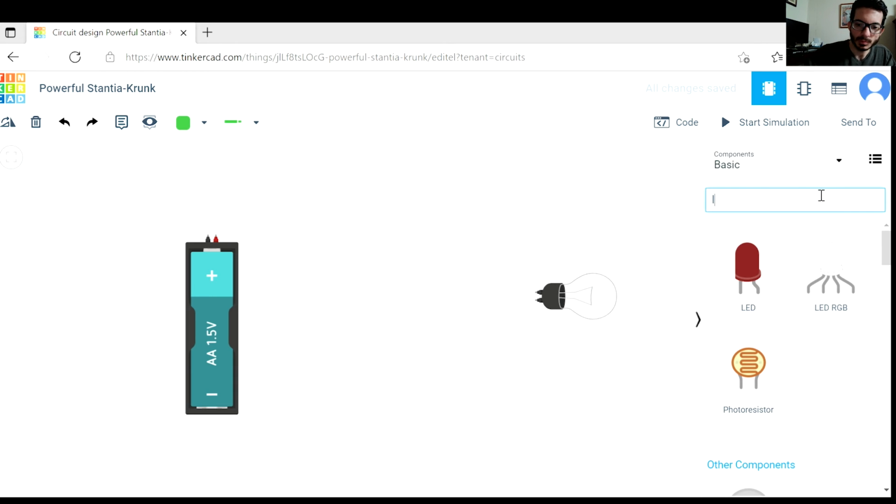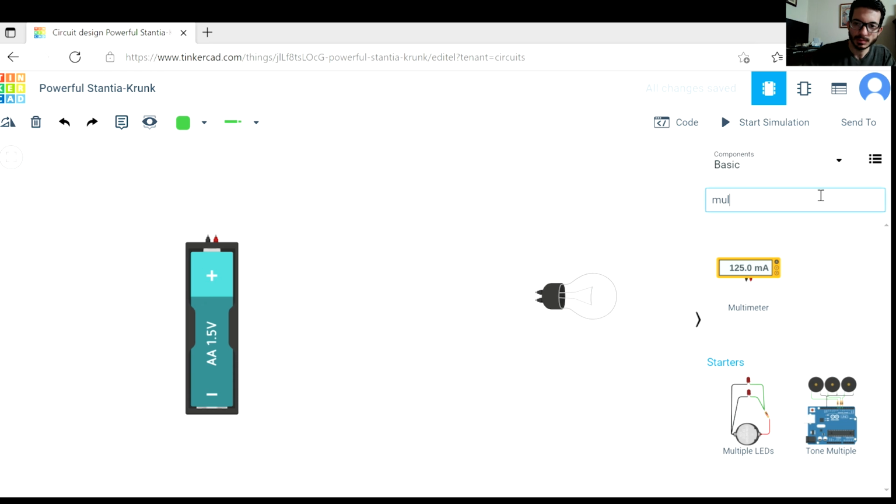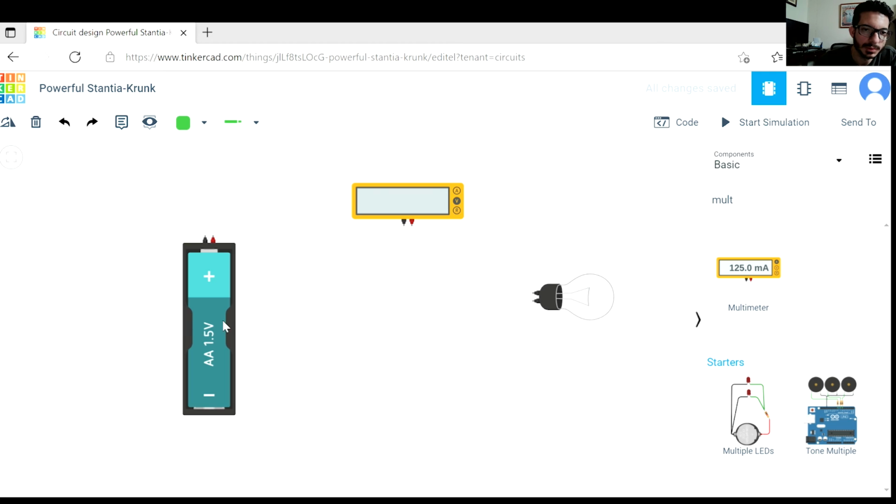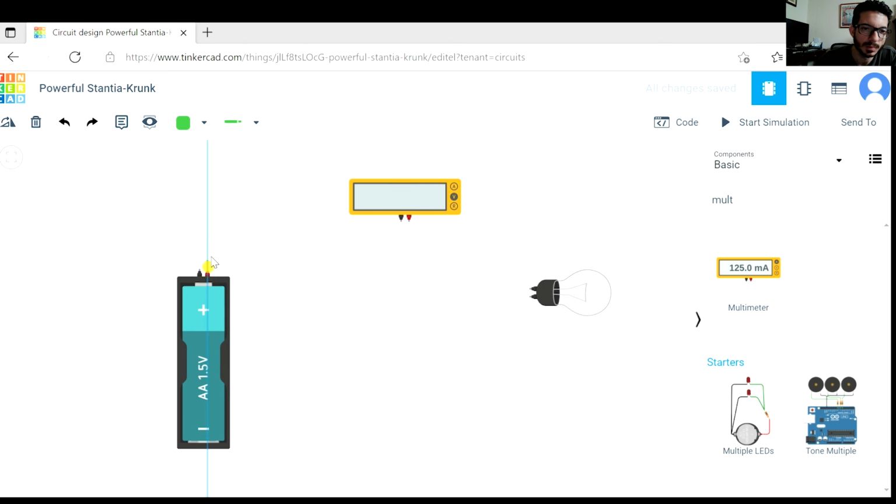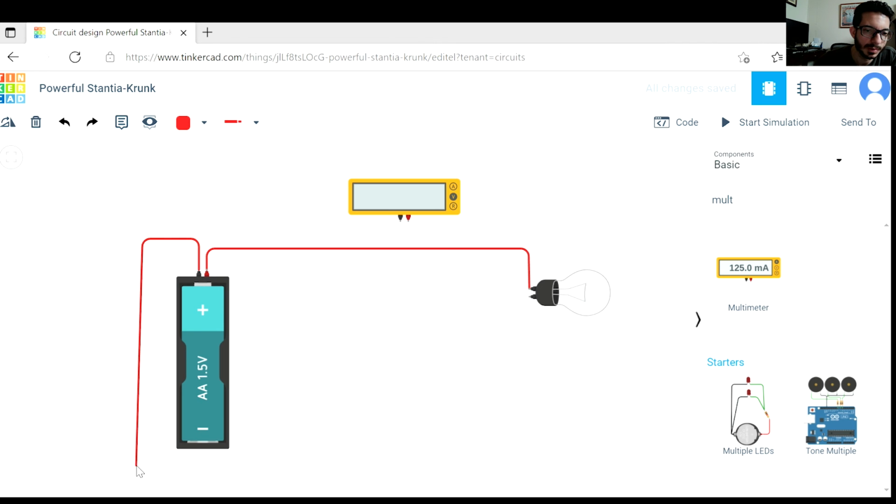So let's get our multimeter. There you go. If we close this circuit, we have a positive point with red and a negative point with black.